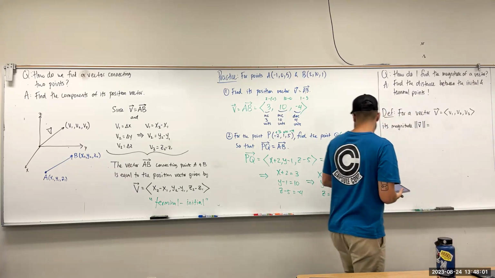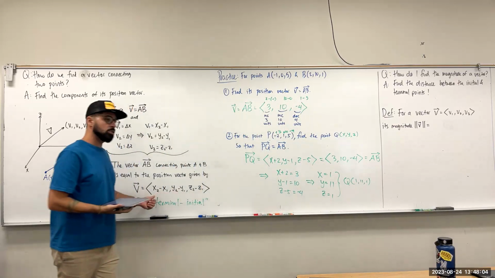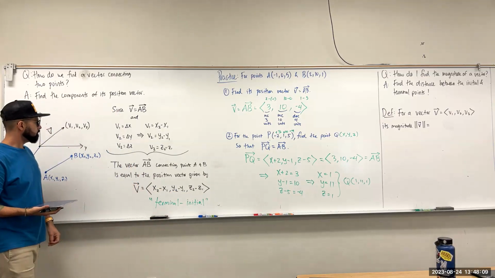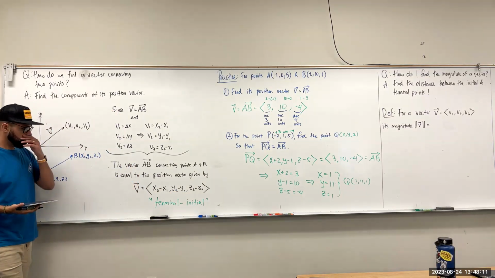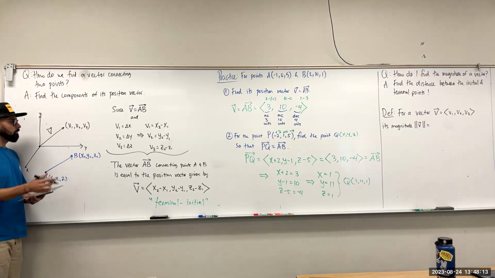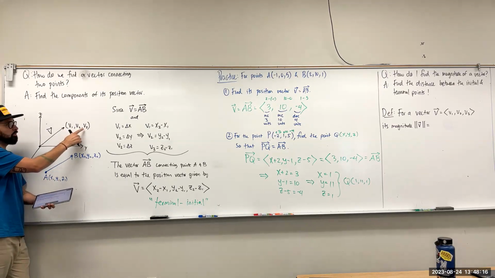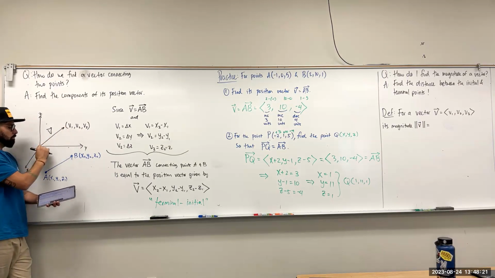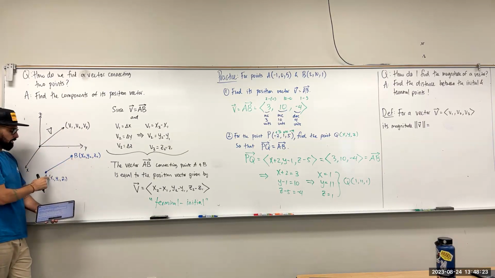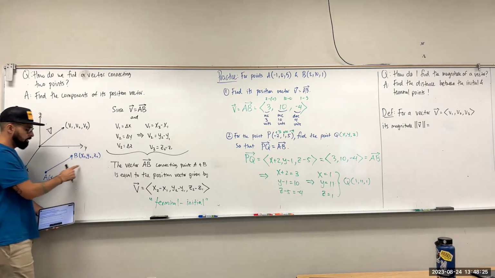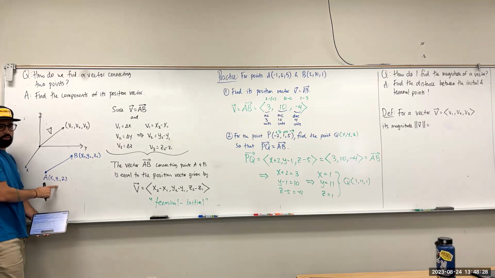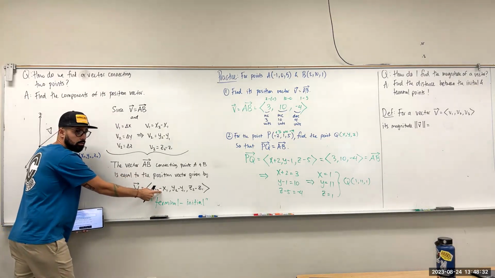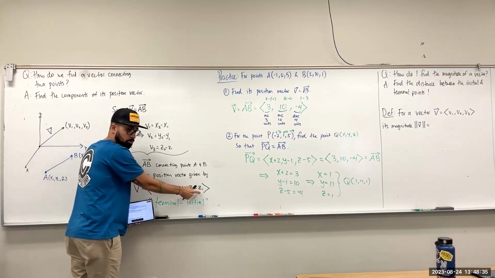And so, since we know how to find the position vector, which in this case is just V1, V2, V3, I want to find the distance between these 2 points. If you remember the distance formula, it is the square root of this squared plus this squared plus this squared.